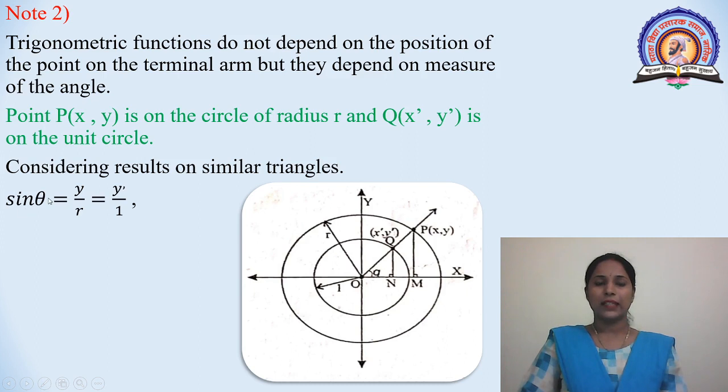Then for the outer circle, sin theta is equal to y upon r, and for the inner circle sin theta is equal to y dash upon r, but this is a unit circle, it has radius 1.